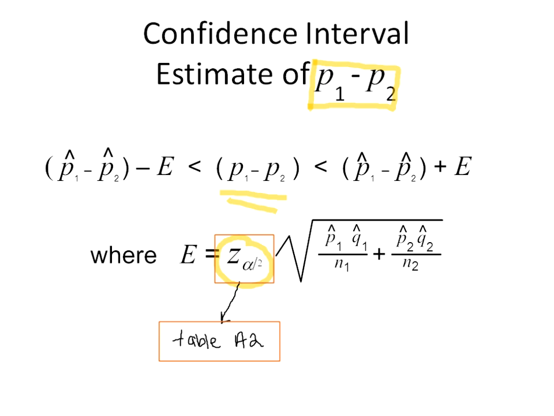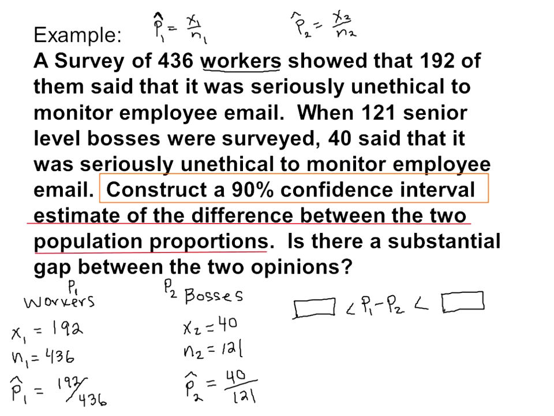So I'm just copying that margin of error formula that you see there. All right, so that's all I'm copying down. And I'm going to do that on a new page because it looks like I'm out of space.